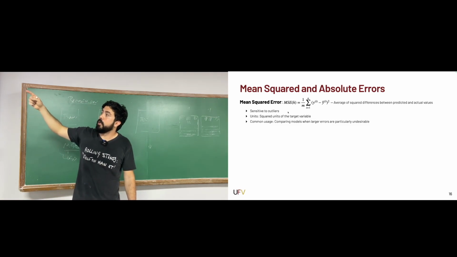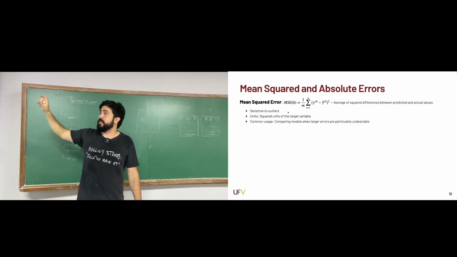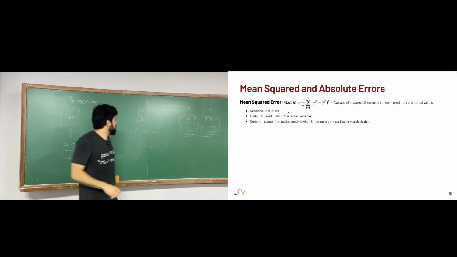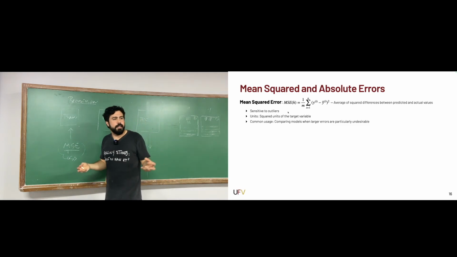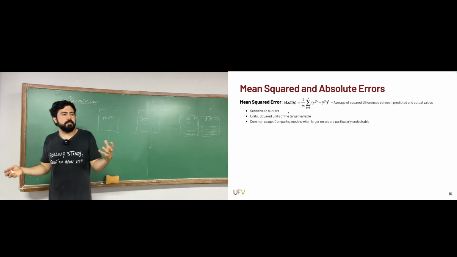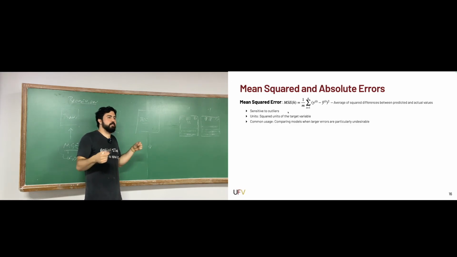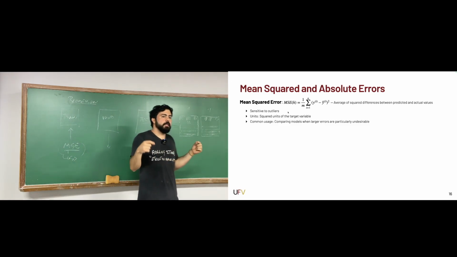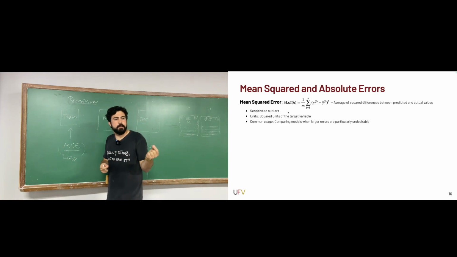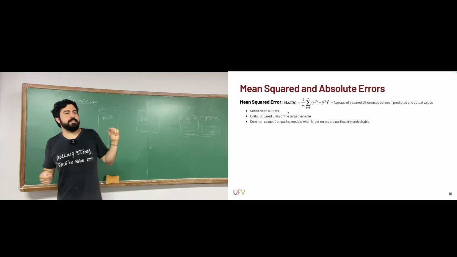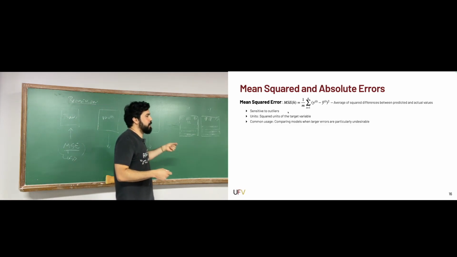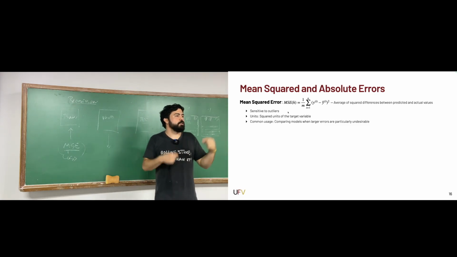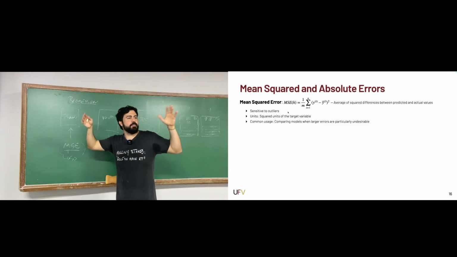Also, this metric is not easy to interpret because you're going to get the squares of the errors. So you normally get very high numbers. They are not in the same units of your y's or of your labels. Remember, if you're measuring house prices, you might have house prices that are, let's say, 1 million or 2 million, and you're going to square that.